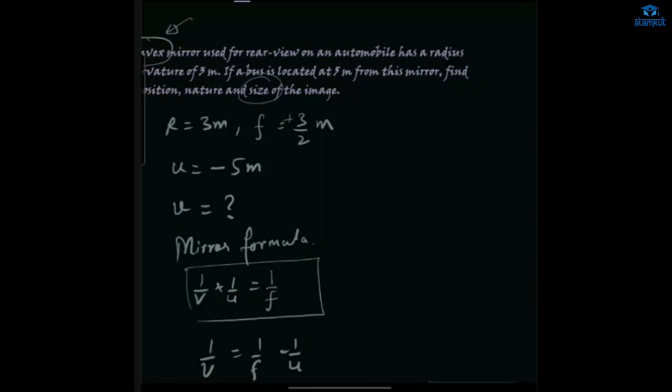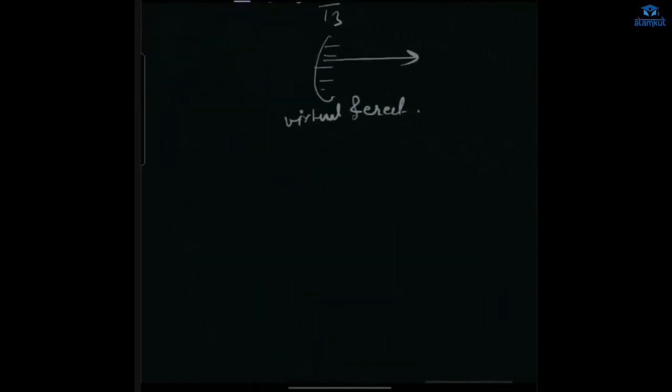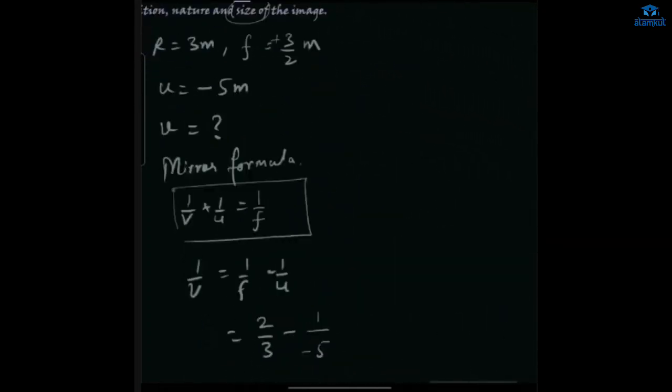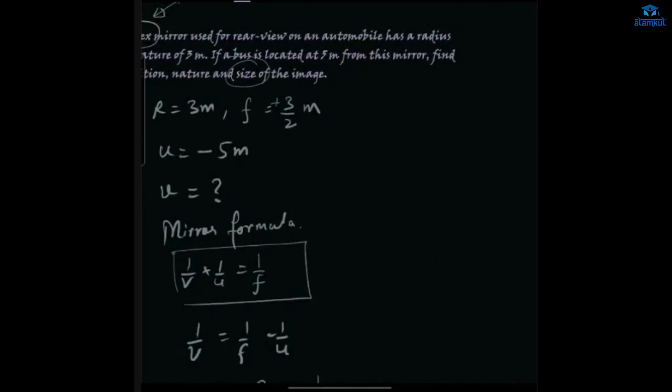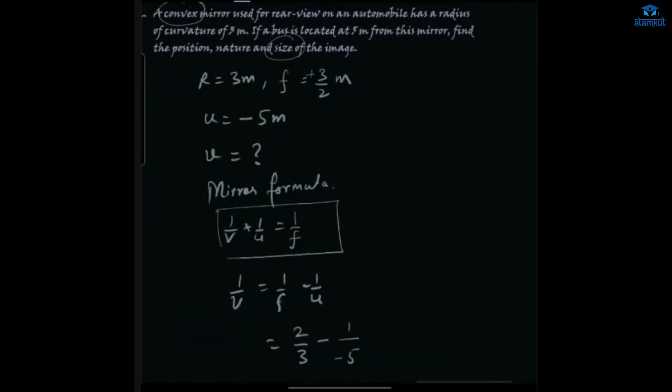Okay, now the size of the image. How would we know about the size of the image? It must not be size, I think it must be the magnification. Because for size we have to know at least one height, either the height of the image or the height of the object, or the magnification should be given, but here magnification is also not given, so it should be magnification.